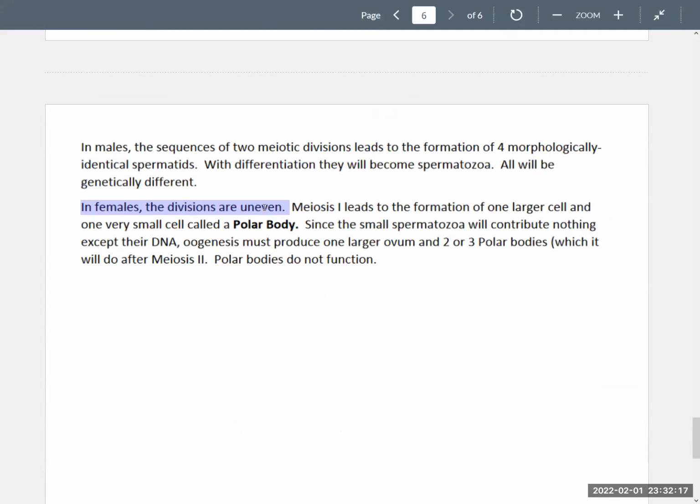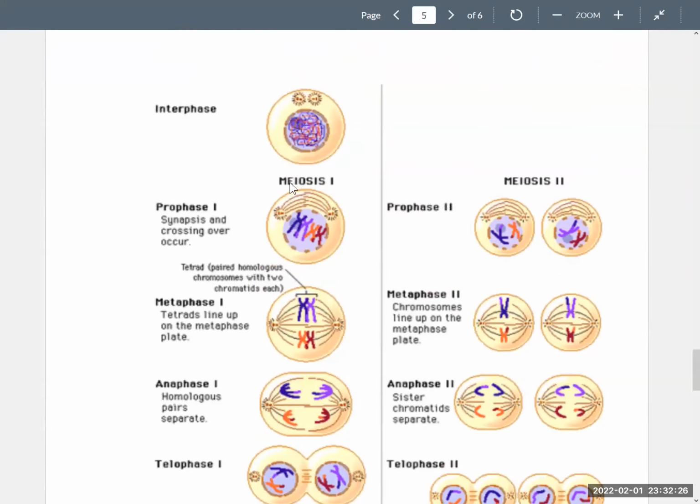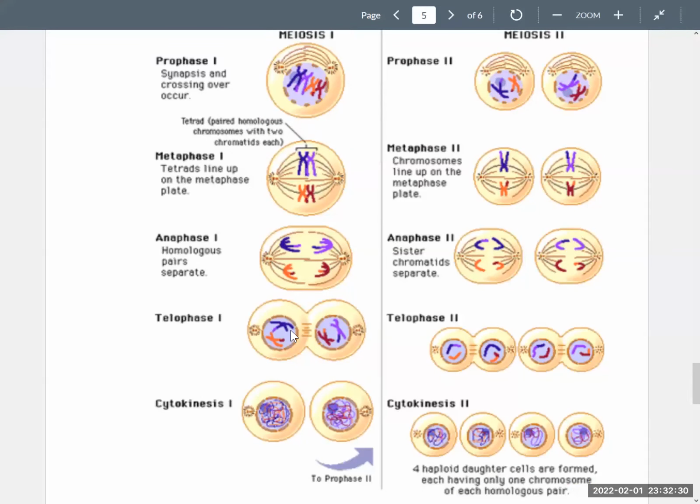In females, the divisions are uneven. The first division leads to one large cell and one small cell, not, as I'm pointing here, to two even cells.